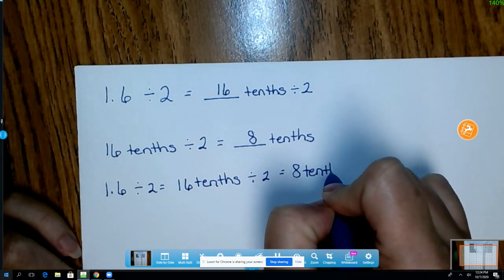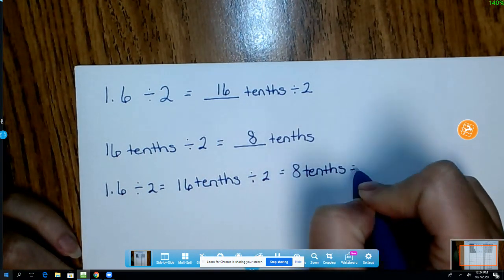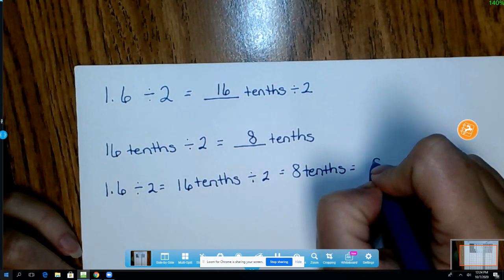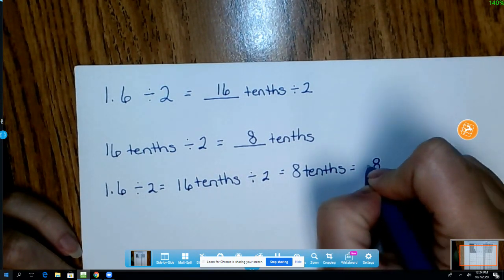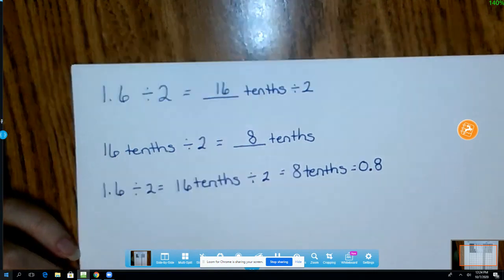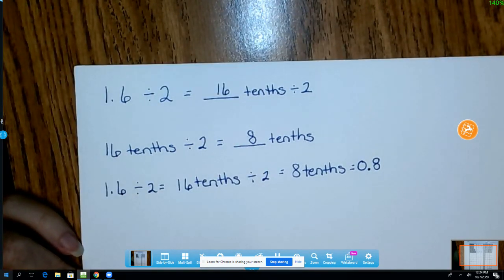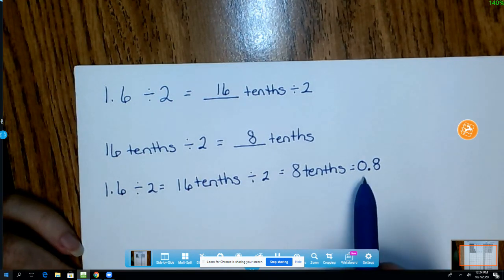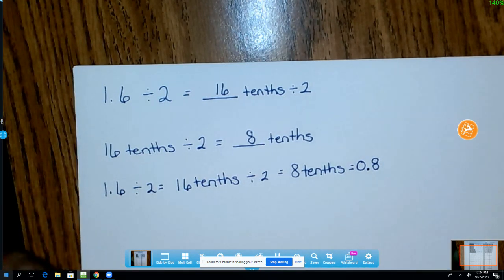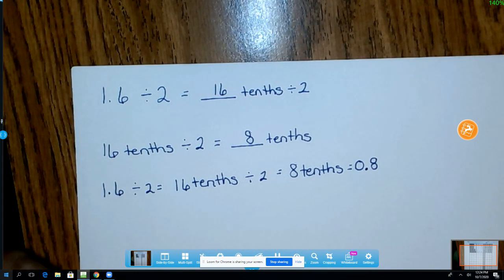And if I were to write this in the standard form, I would have my 8 in the tenths place, and that would be my answer. 1 6/10 divided by 2 is 8 tenths. So now let's look at it in a different way.